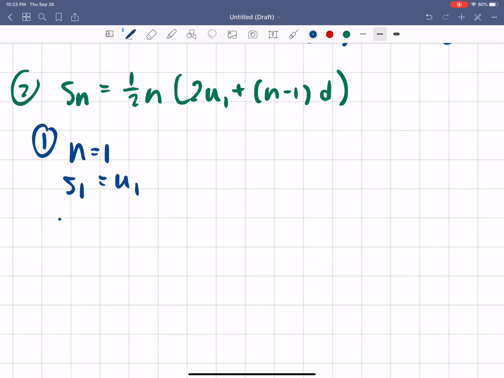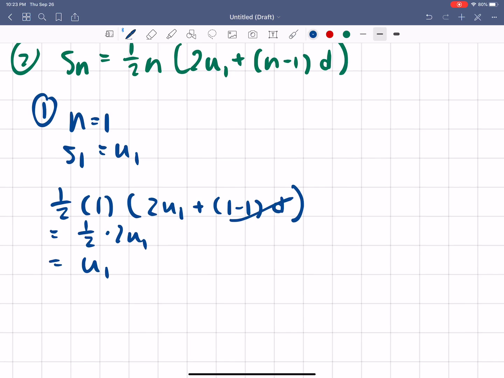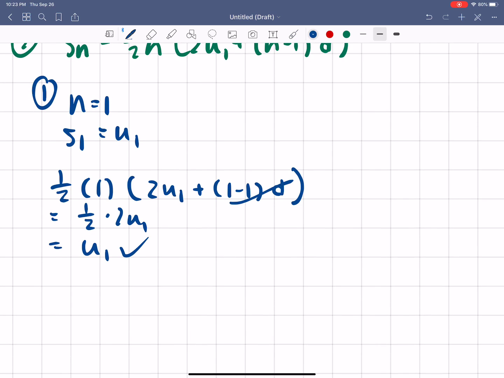So let's do that. 1/2 of 1 times 2u1 plus 1 minus 1 d. So 1 minus 1 is 0, 0 times d is 0. 1/2 times 1 is 1/2. 1/2 times 2u1 is just u1. So S1 equals u1. Our assumption here is correct.